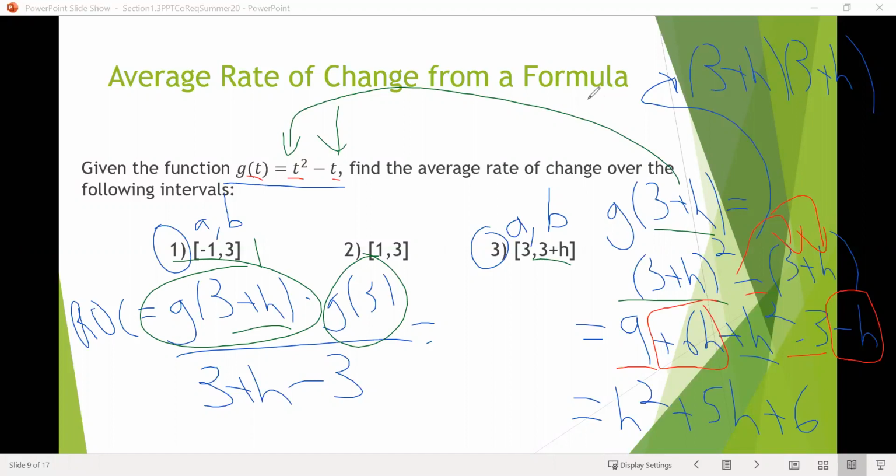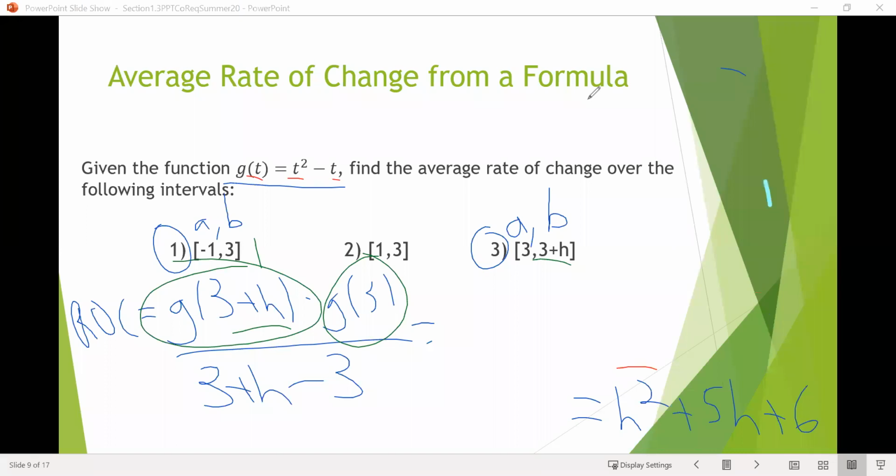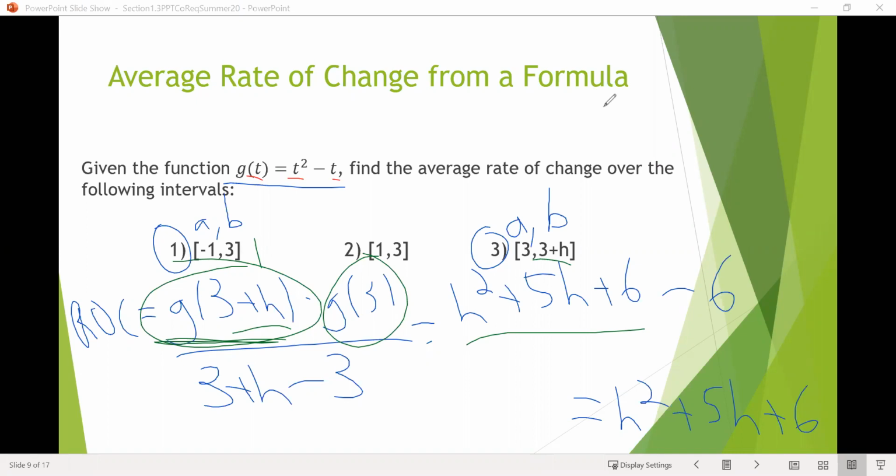So we'll put this information in now. Please pardon me while I erase some stuff to make room. All right, so when we do that, we're going to have h squared plus 5h plus 6. So that's taking the place of the g of 3 plus h. Minus, taking the place of g of 3, well, that was 6, recall.